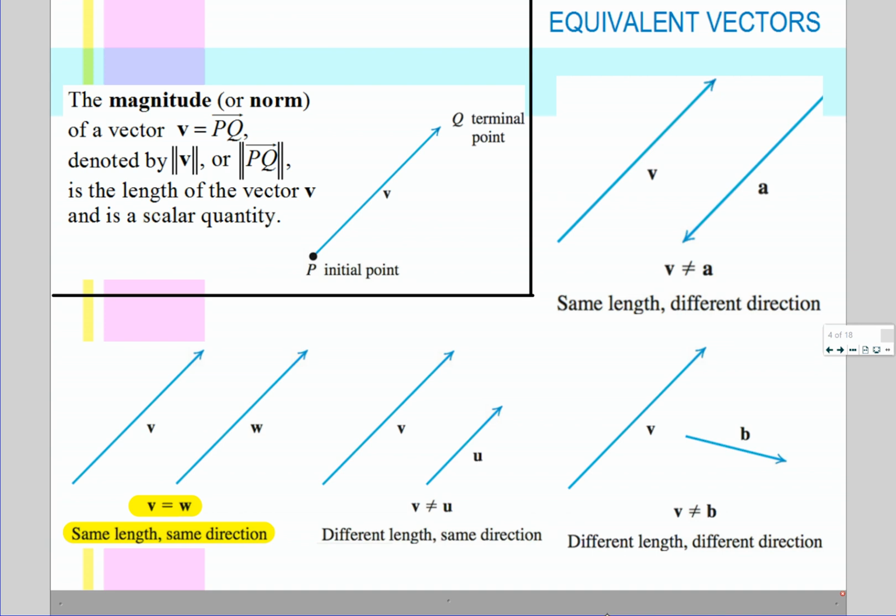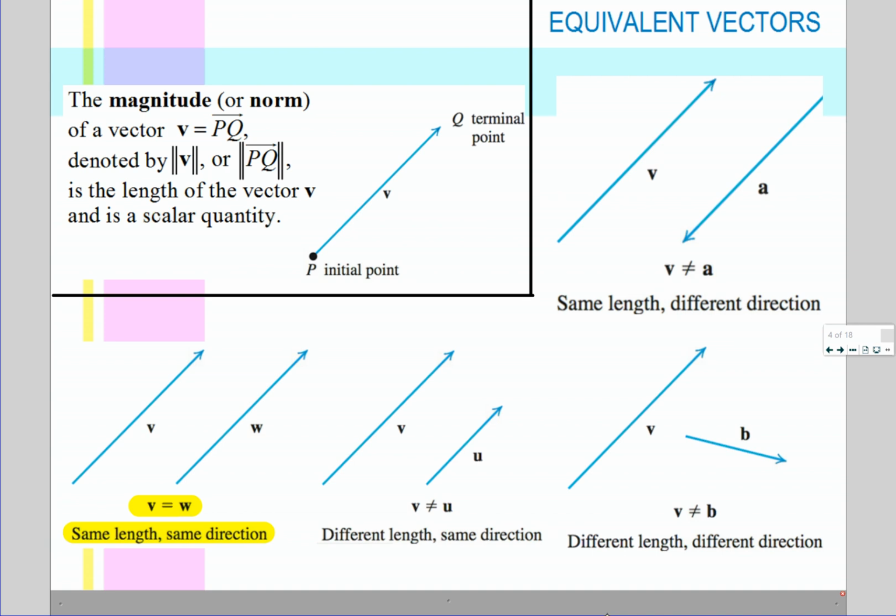All right. So let's keep going. The magnitude, sometimes they use the word norm, but our book uses magnitude more often, is the length of the vector. When you see 2 bars on either side of a vector name, and vector names are going to be bold-faced most of the time, they call this vector v.